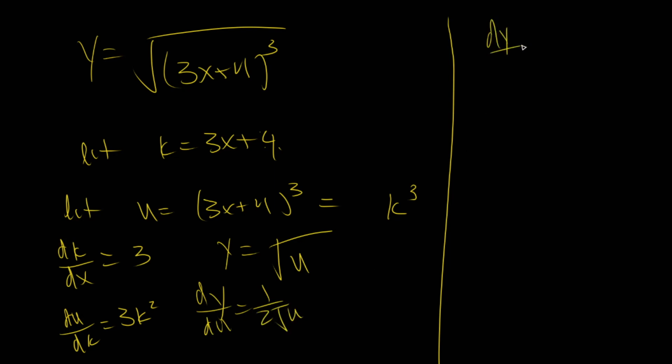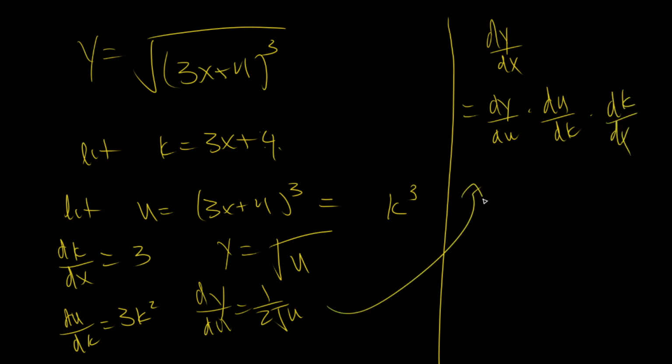And we want dy over dx. This would equal dy over du multiplied by du over dk multiplied by dk over dx. We just put all our pieces together here. This would equal 1 over 2 root u multiplied by 3k squared multiplied by 3.